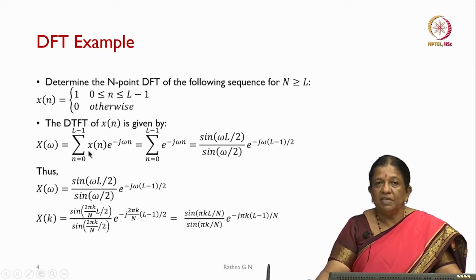The DTFT is given as the sum of x(n) e^(-j omega n), and when we substitute, we have x(n) equal to all ones.